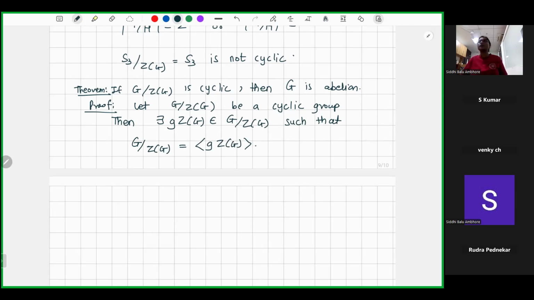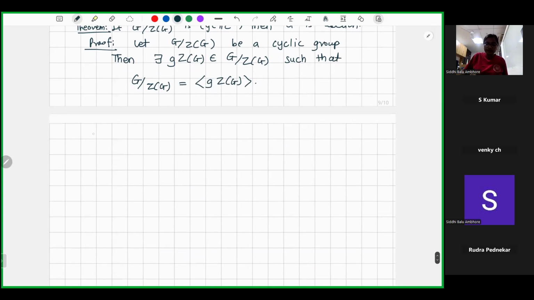Is this understandable? Since it's cyclic, there will be some g such that this gZG will generate this group, G mod ZG.